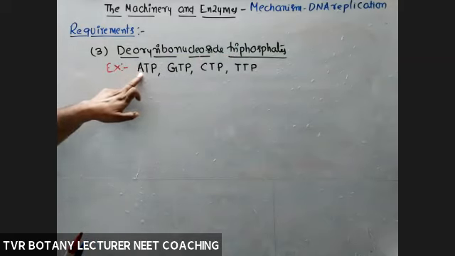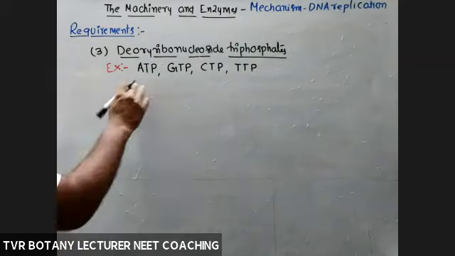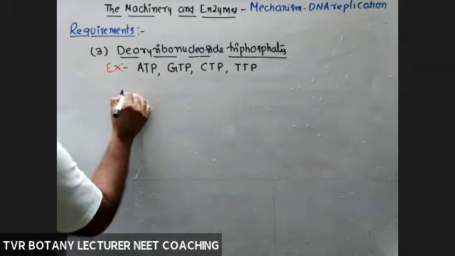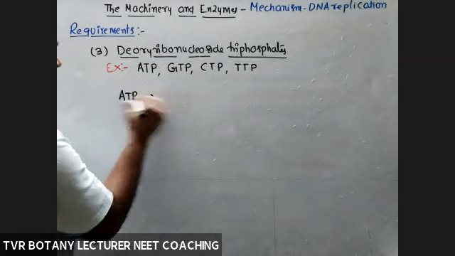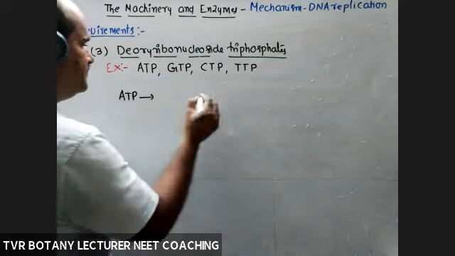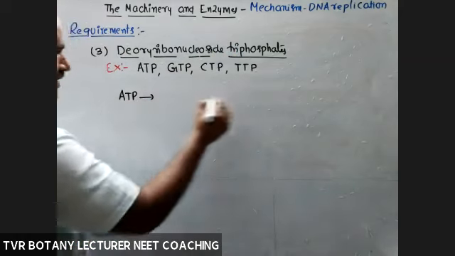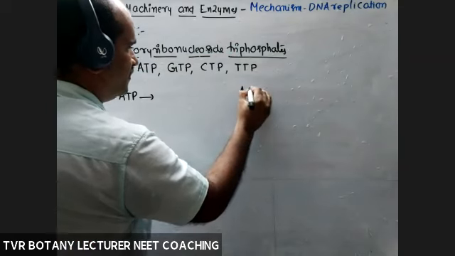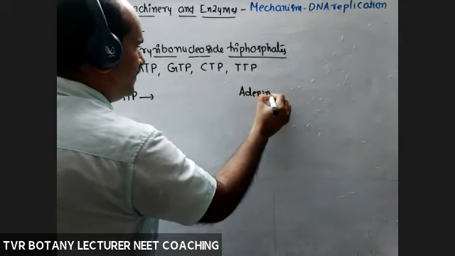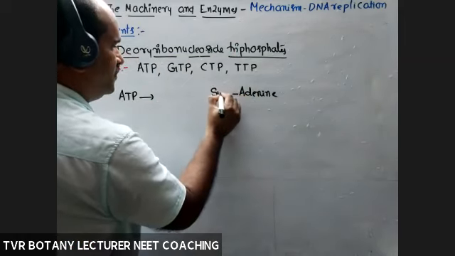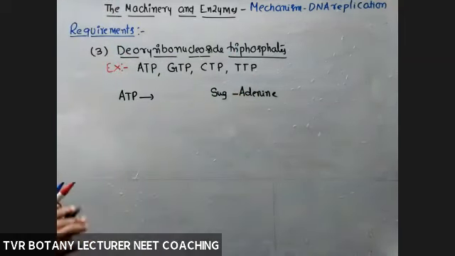Adenosine. What is adenosine? Take an ATP molecule. What are the components present in that ATP molecule? Adenine linked to a sugar molecule is adenosine.